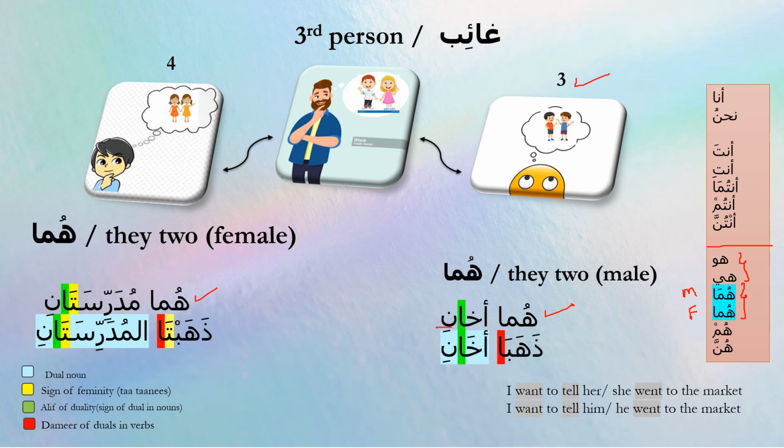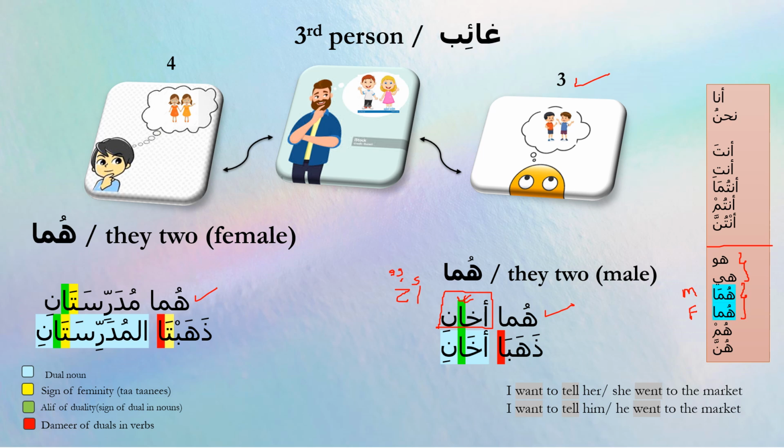By seeing the noun. Now this akhani is coming from the word akh. Akh means brother and akhani means 2 brothers. This is the dual form, muthanna form of a noun. And this alif of duality marked in the green shows that this noun is a dual noun or a muthanna.